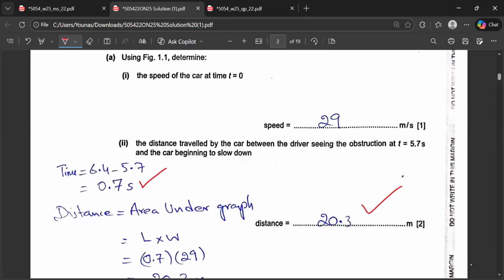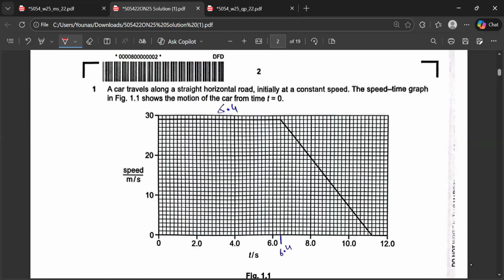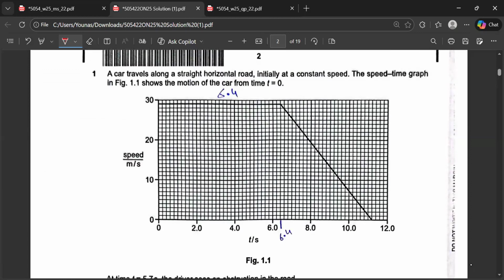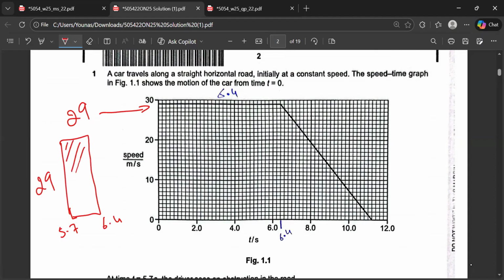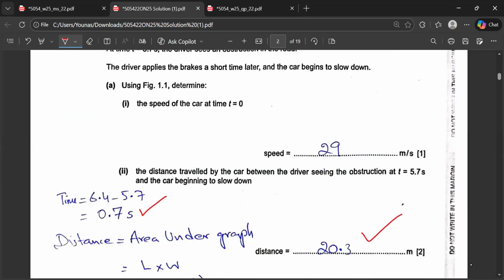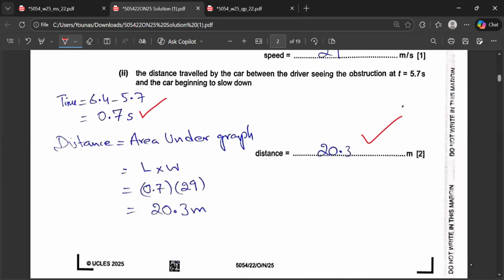Let me show you where the 29 is coming from. Here it is 29, so the shape of the graph is something like this. Here we have 5.7, here we have 6.4, and this is 29. The area under the speed-time graph is in the shape of a rectangle, and you can find its area by length multiplied by width.